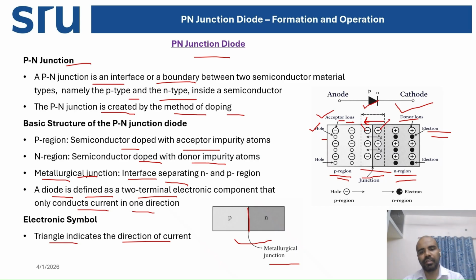So hope you understood. Here there are two regions, the N region and the P region. The concentration of electrons at the N region is high because electrons are the majority charge carrier for the N region. The concentration of holes is high at the P region because holes are the majority charge carrier for the P region.